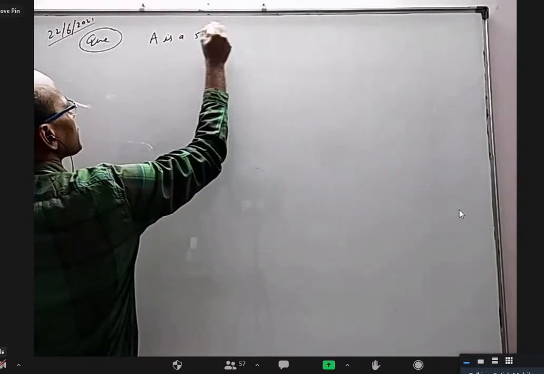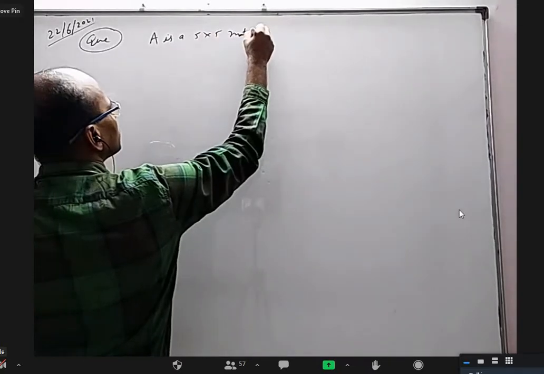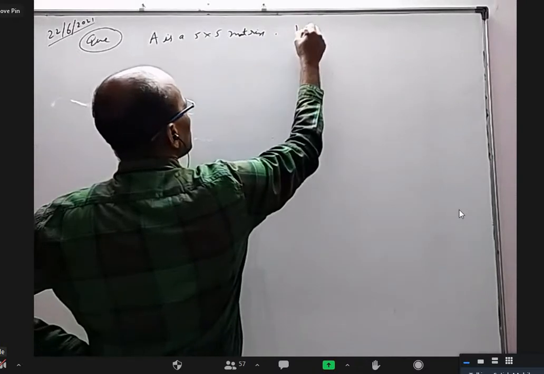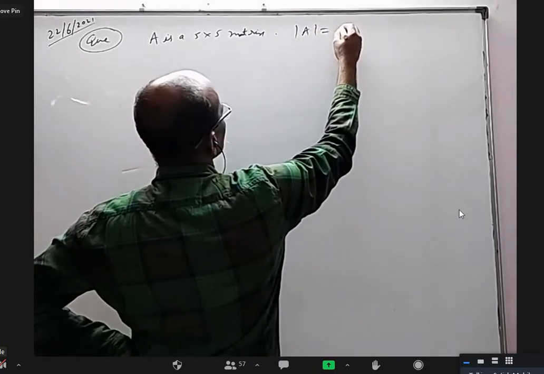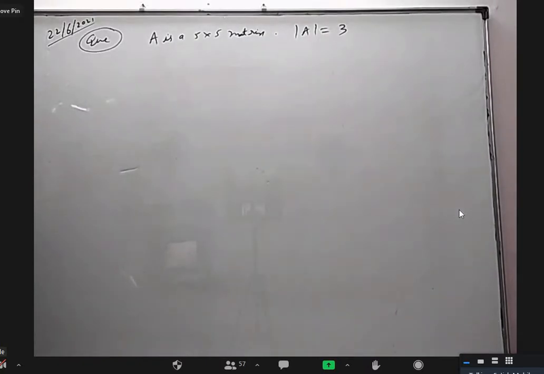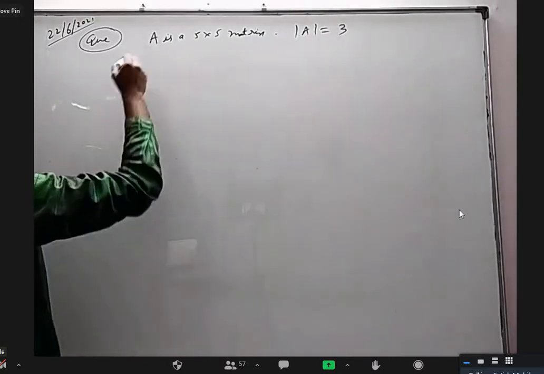Okay, question. A is a 5 by 5 matrix and determinant of A is 3. So find the following.